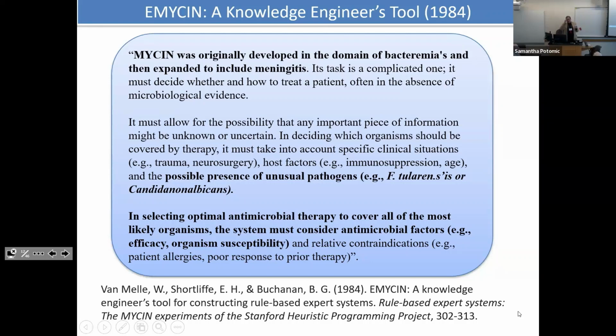You have a basic output that you're looking at, and then you have a series of rules built up to do a diagnosis, like I say, the identification of the bacterium. And so you have to take in all these other situations: clinical trauma, neurosurgery, host factors, immunosuppression, age, and usual pathogens that contaminate.